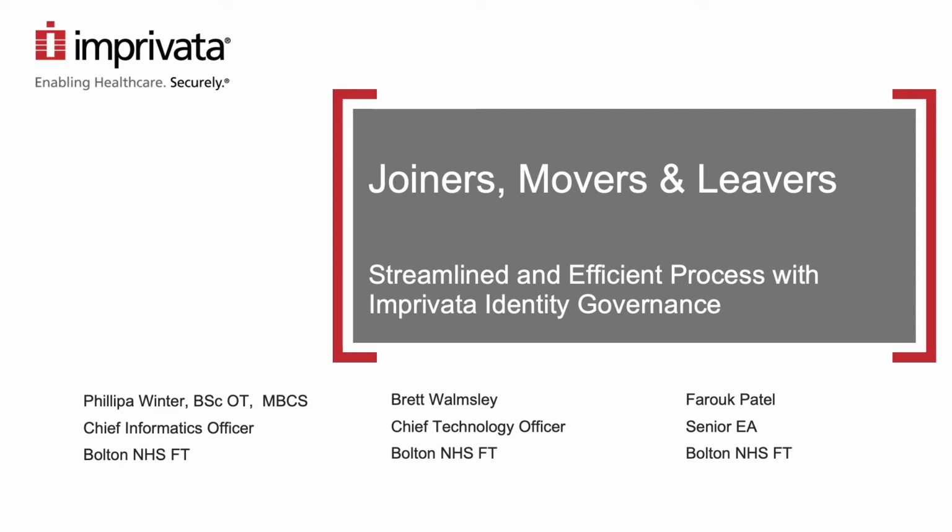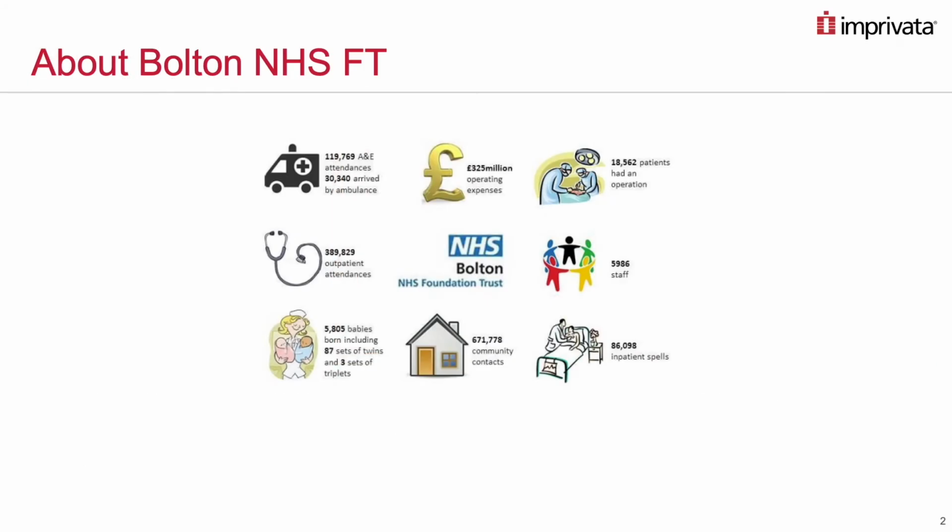And what we'd like to talk to you about today is the work we've completed with our supplier Imprivata around a proof of concept around identity governance. Bolton is a large acute and community organisation. We also provide services to the GPs and primary care and CCG in the Bolton locality.